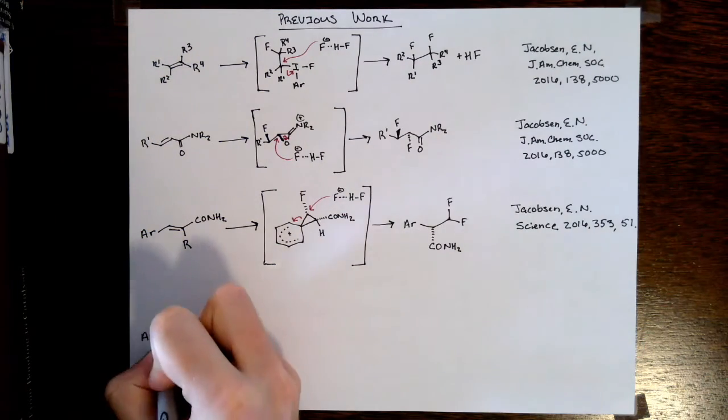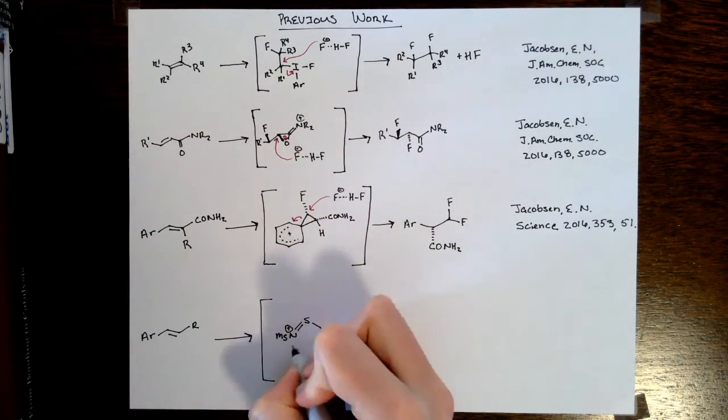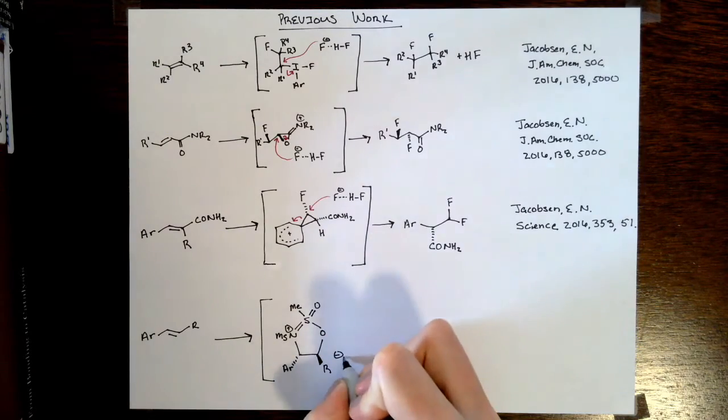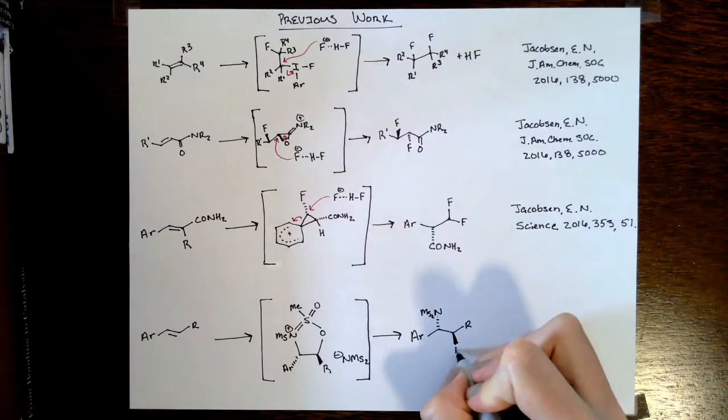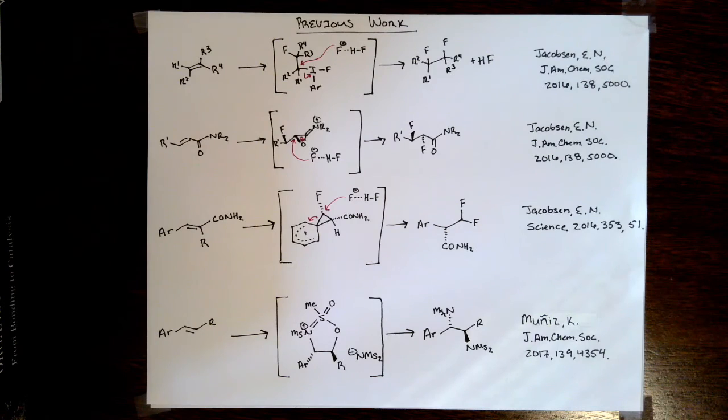difluorination. Furthermore, the group of Muñiz has also seen similar reactivity when they looked at doing 1,2-diamination reactions. And so similar to what was pitched for the anchimeric effect for some of the iodoarenes done by Jacobsen, once you formed the alkyl iodane intermediate, the first added amine would collapse down, forming an aziridinium intermediate. So another one of these three-membered cationic rings that would then be displaced by another external amine, leading to 1,2-difunctionalization enantioselectively.